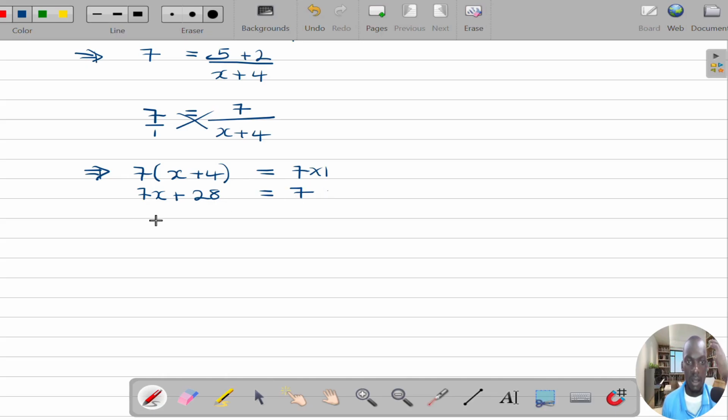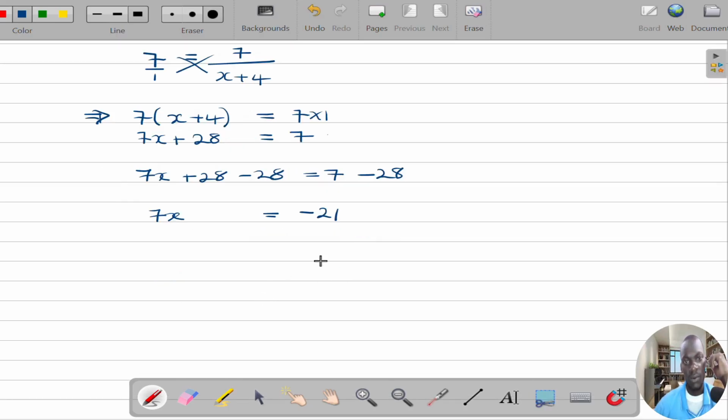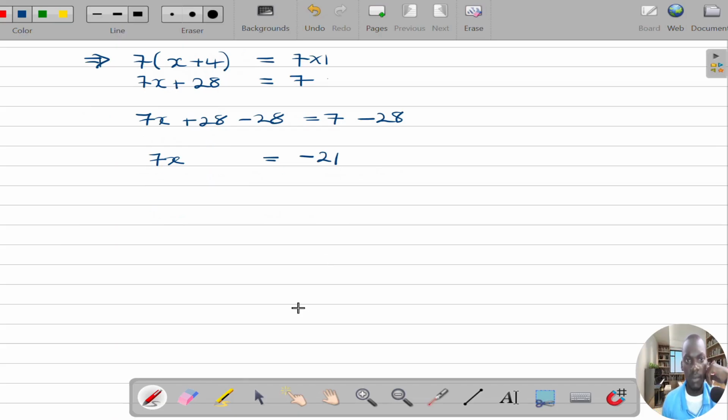From here, let's collect the like terms. So we have 7x plus 28 minus 28 equals 7 minus 28. So our 7x equals 7 minus 28, giving us -21. Now the next step, we are supposed to divide through by 7, or divide by 7 on both sides.